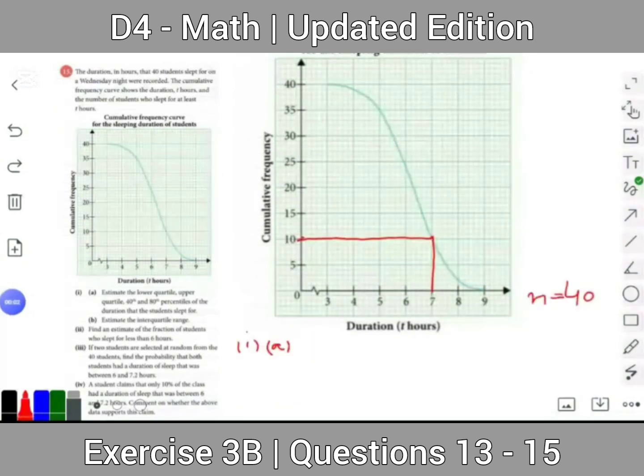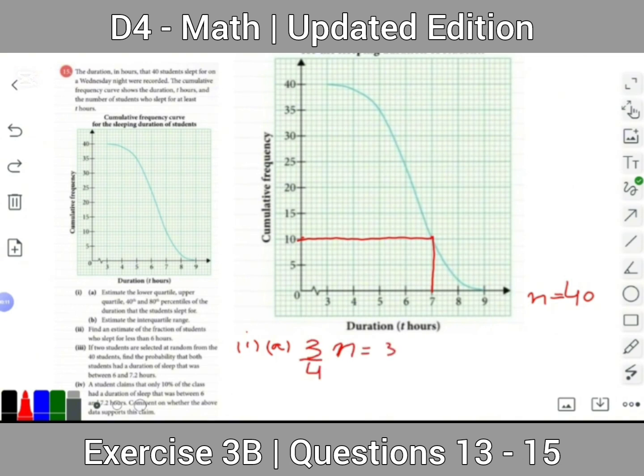Now to estimate the position of the lower quartile from the cumulative frequency curve, we will use 3 by 4 n. So here we have 3 by 4, n is equal to 40, and we will cancel out with this and get 10, so it will be equal to 30. Now from 30 we will draw a horizontal line until it touches the cumulative frequency curve.